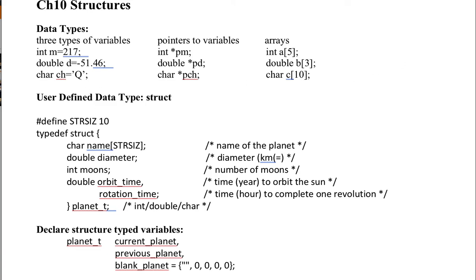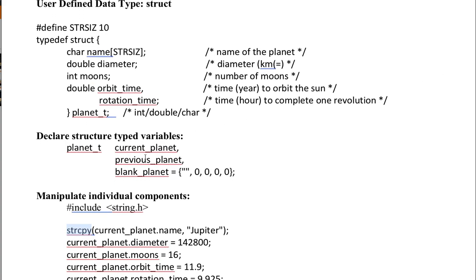So this part simply declares 3 struct type variables because planet_t is a structure. There are 3 variables. And the first 2 variables, current planet, previous planet, are just declared without initialization.